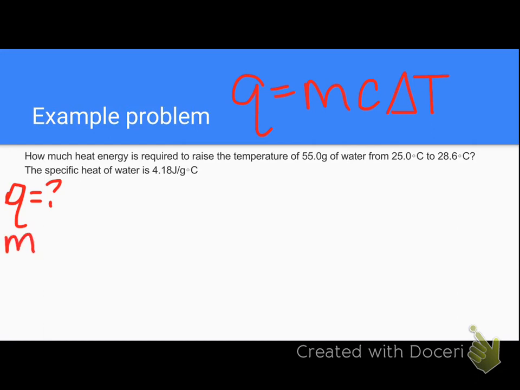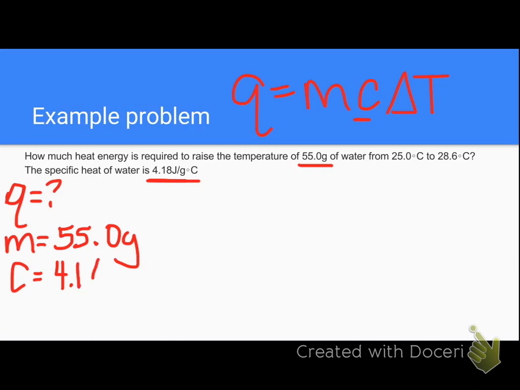Looking at our equation, our M is our mass. Remember that that is found right here, so that's 55.0 grams. C is our specific heat. That's given to us right here in the problem. So the specific heat will be given to you. That's not a value that you need to memorize. It's 4.18 joules per gram degrees C. And our last variable is our change in temperature.